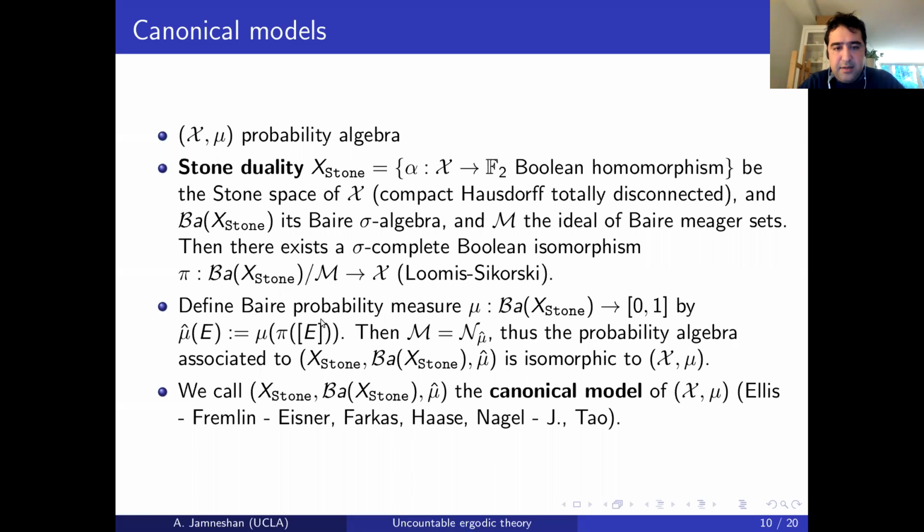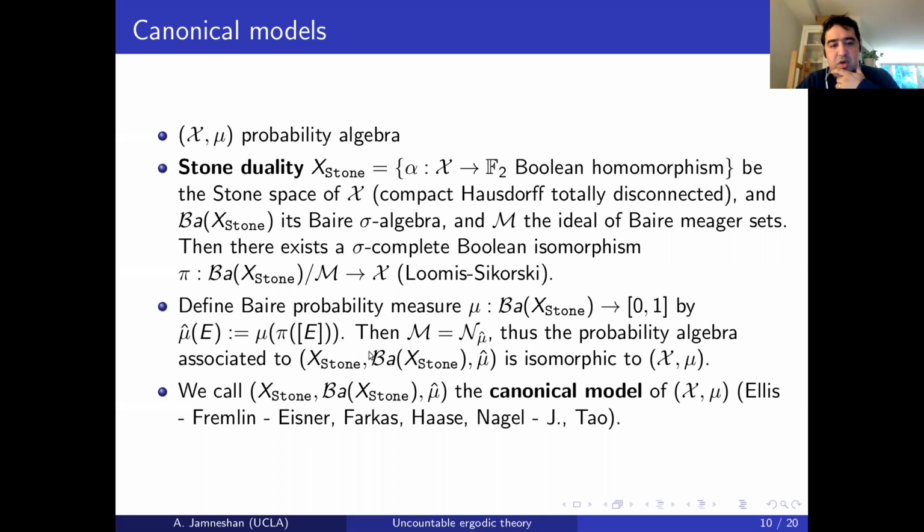One can show that the null sets of this probability space are exactly the meager sets. And if we quotient out the null sets from this probability space, then it is isomorphic to the original space.